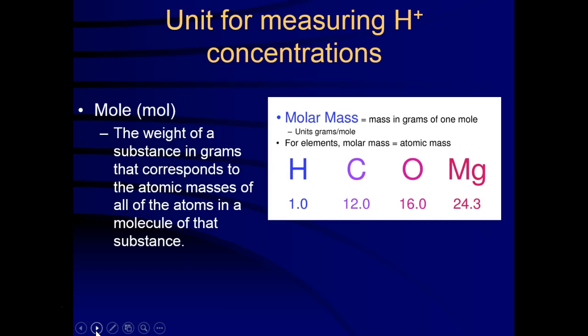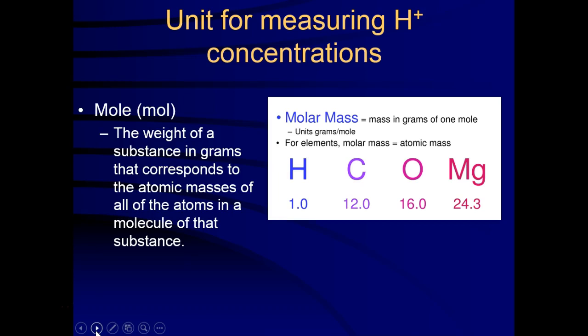Oxygen, for example, has 8 protons and 8 neutrons. 8 plus 8 gives us 16, that's the atomic mass. So 1 mole of oxygen would weigh 16 grams, and if we had 16 grams of oxygen, that would be a mole of oxygen.